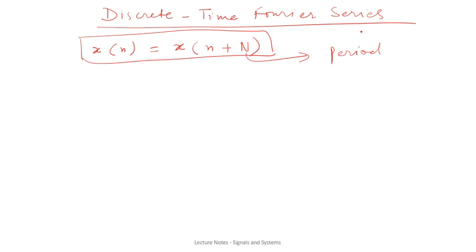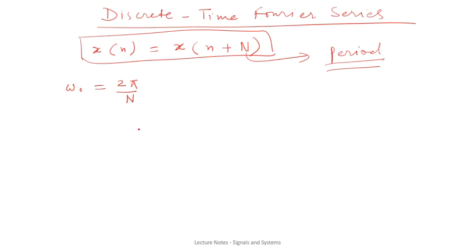This may be some integer. The smallest value of this N for which this equation holds true will be called the fundamental period of the signal, and the fundamental frequency then will be equal to omega naught equals 2 pi by N.